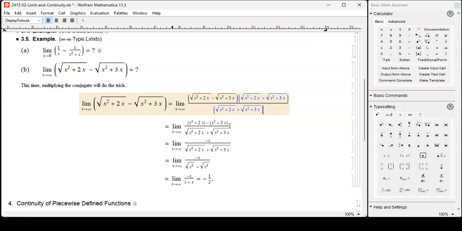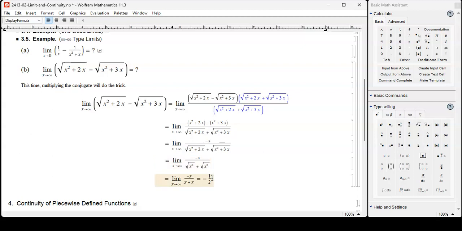Fold out carefully, then the square roots will all disappear, and you're going to get this one squared minus that one squared. So square root will disappear. And then the simplification yields just negative x, and down here, no more 0 in denominator. So basically, this is just typical infinity over infinity type limit, and simplification yields negative 1/2.